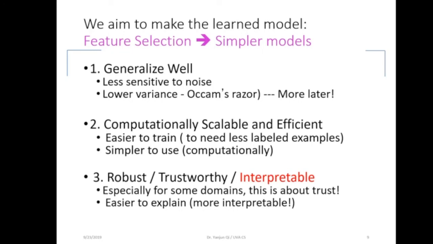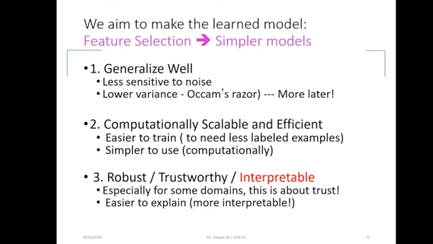I will explain what I mean by lower variance later, but just keep in mind that variance here normally means: if my training data has a little bit of shift by adding some samples or removing some samples, my model will still be quite similar. This type of model is a low variance model.